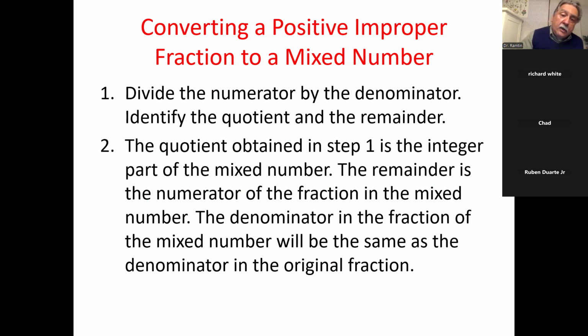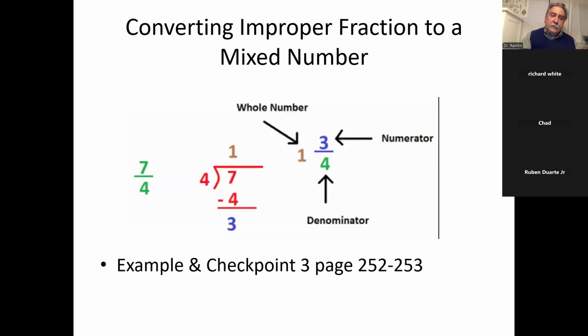The remainder becomes the numerator. Again, through example, it's much easier to see that. If I have 7/4, that's an improper fraction. Then you divide 7 by 4. 4 goes into 7 one time. The remainder is 3.